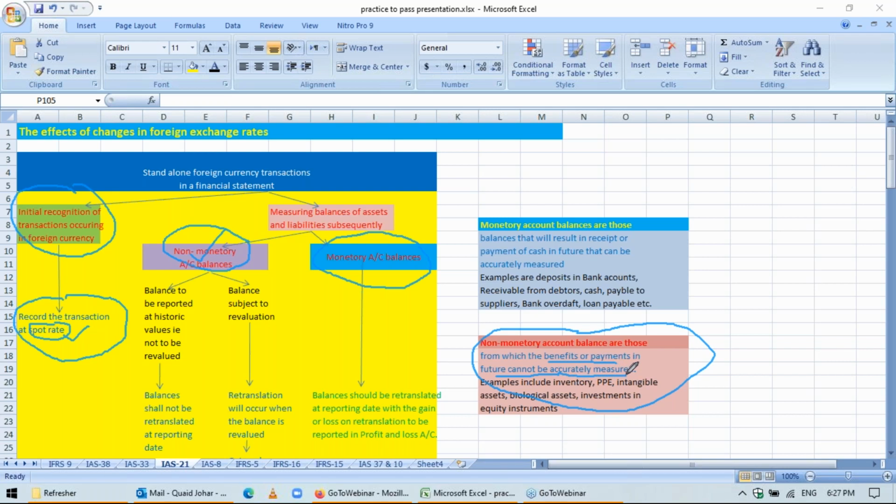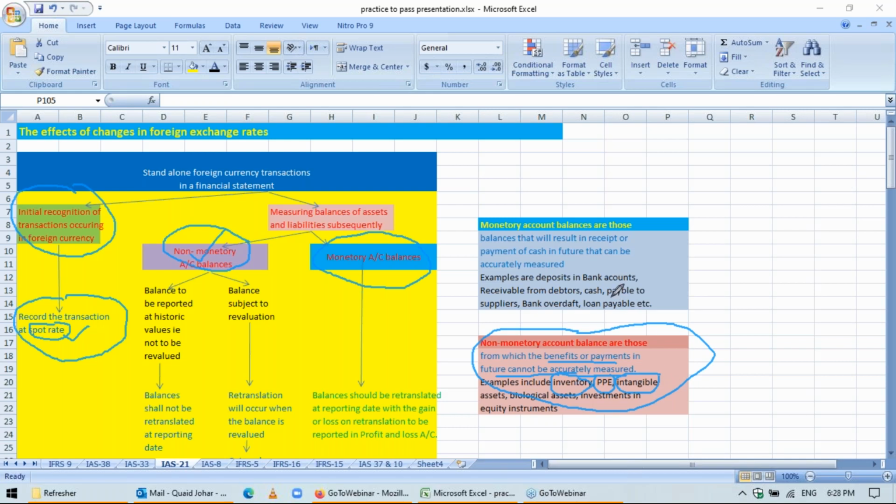From buildings, property, plant and equipment, intangible assets, we cannot predict the exact amount of payment which will occur in future. But suppose there is a receivable of $100,000. How much cash will we receive in future? It will be exactly $100,000. Or if we have to receive an interest of $20,000, it will be exact.